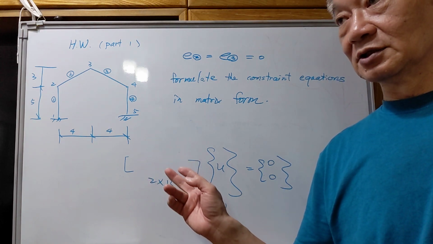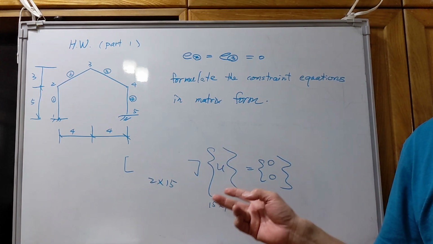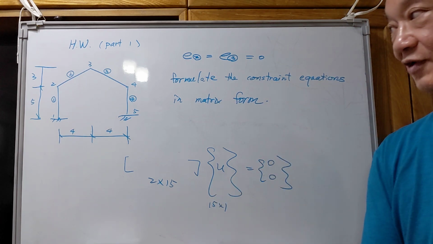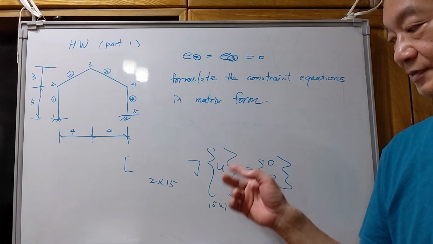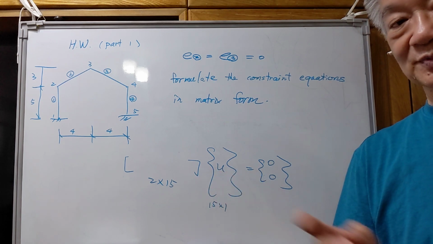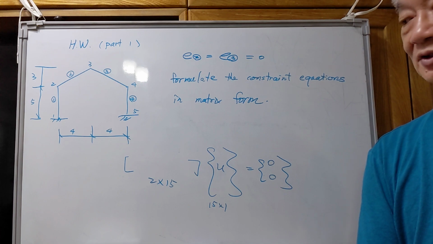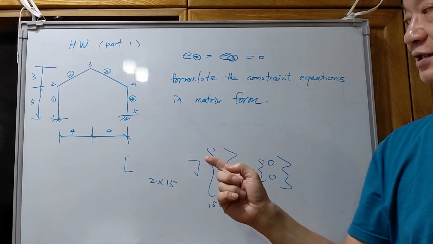But if you like, you can also use the complete nodal displacement vector. So for these 5 nodal points, you need 15 degrees of freedom. So the global displacement vector will be a 15 by 1 vector.